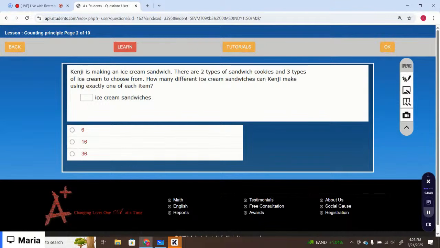Kenji is making an ice cream sandwich. There are two different types of sandwich cookies and three types of ice cream to choose from.